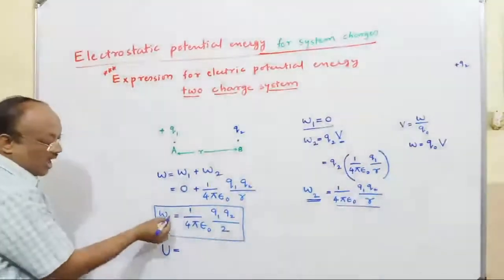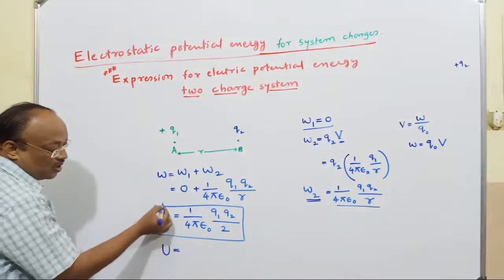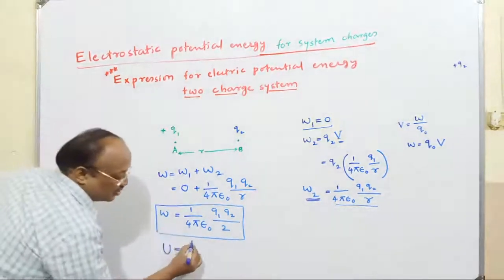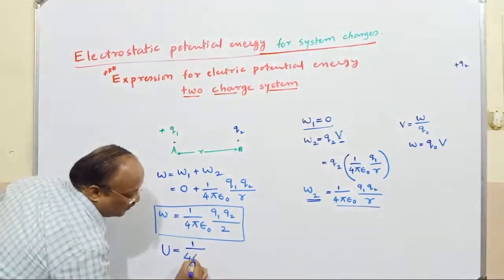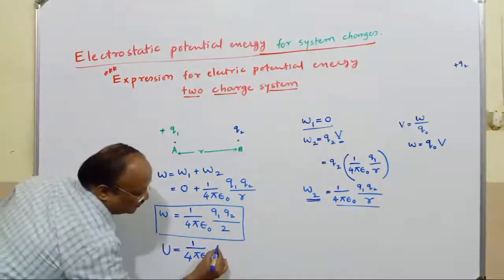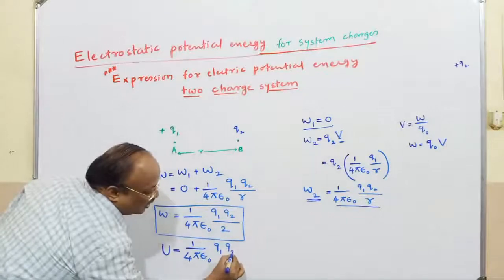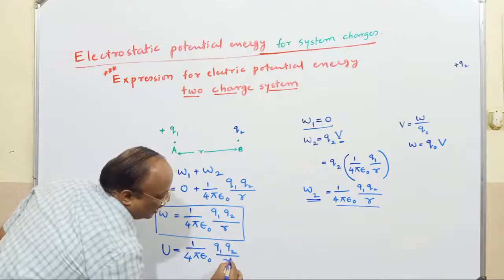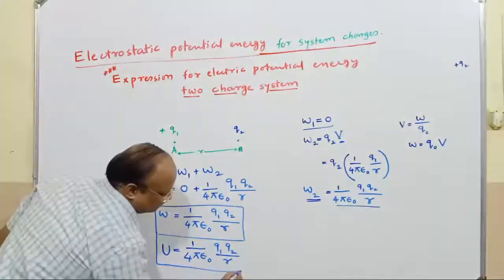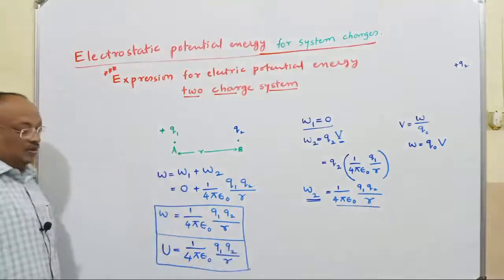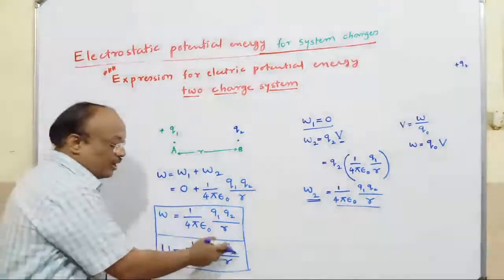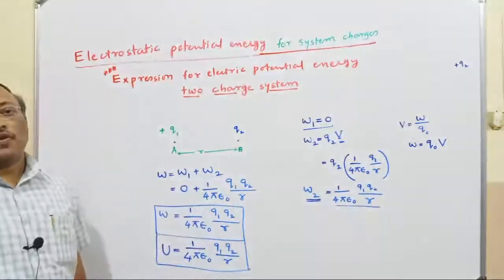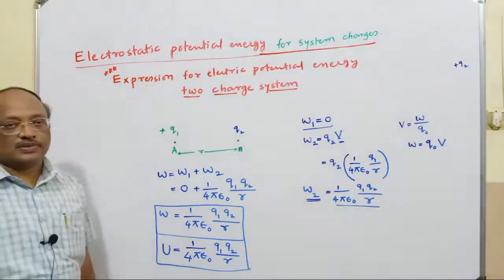From the definition, this work done is nothing but our potential energy. So it is 1 by 4 pi epsilon naught Q1 into Q2 by R. It is the expression for potential energy for a system of two charges.